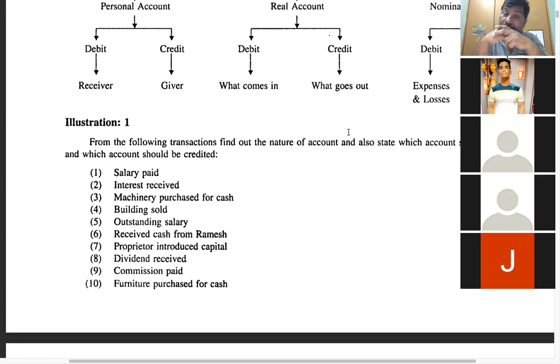Expenses and loss. What is that expense? No. Interest received is a transaction. Every transaction has one debit aspect, one credit aspect. In interest received, what is the debit aspect? What is the credit aspect? That's the question.